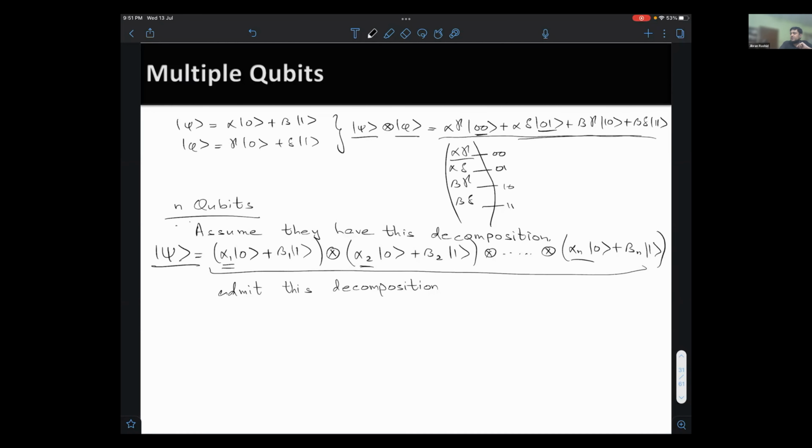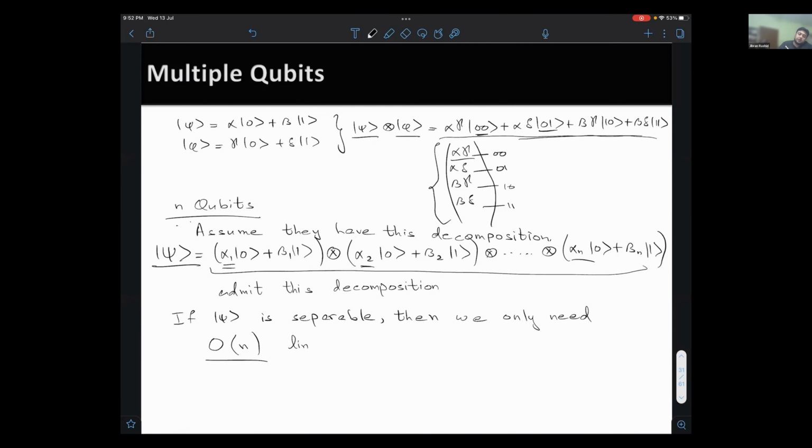And if I know those numbers, then I can for sure construct this entire 2 to the n size vector from these alpha sub i's only. And so if psi is separable, i.e. has this decomposition that we've mentioned above, then we only need, and here let me use some classical computer science notation, capital O of n, or in other words, linear memory for keeping track of, or storing, the quantum state, right?